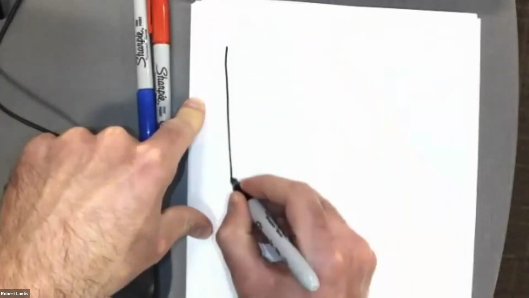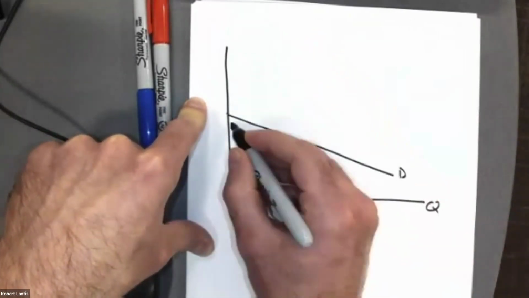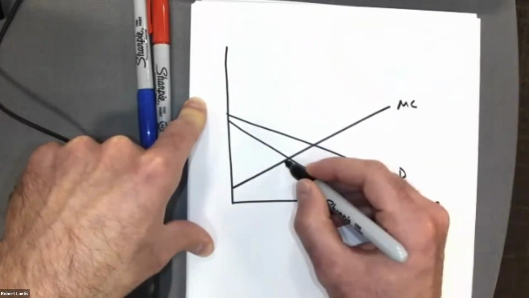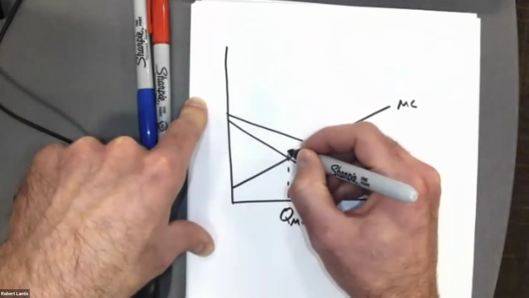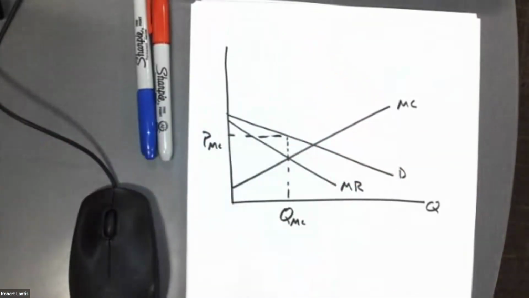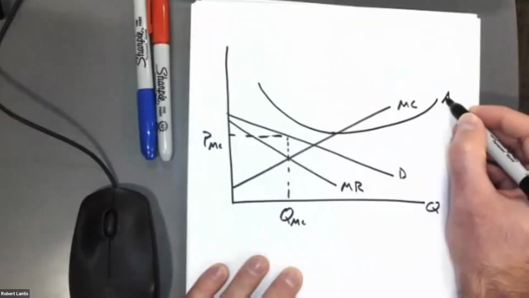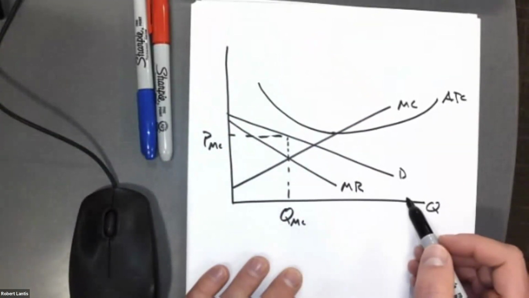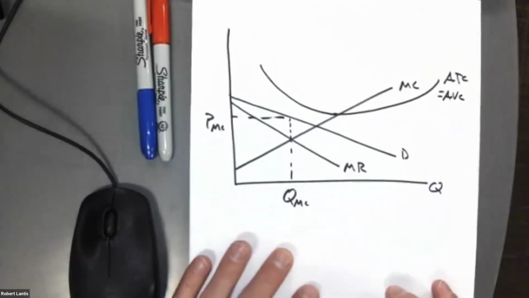So if we ever had a scenario where in the short run, given the demand curve that the monopolistically competitive firm faces, they're choosing a quantity where marginal revenue is equal to marginal cost, and the price they're setting is here, even if their average variable cost in the short run was down here, in the long run, their average variable cost becomes the average total cost.